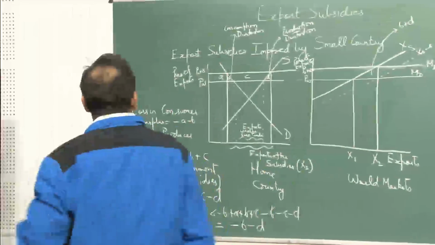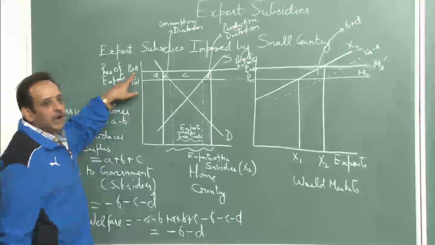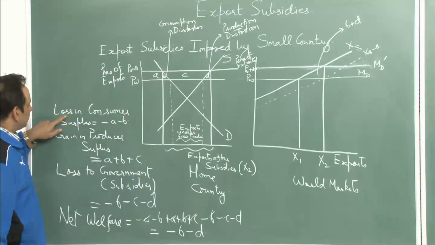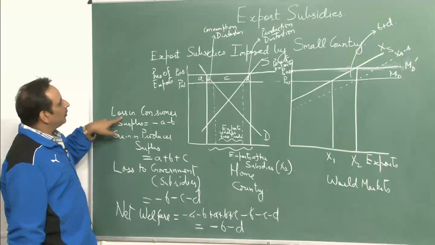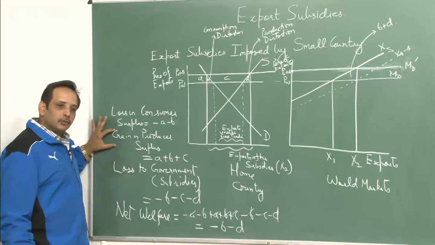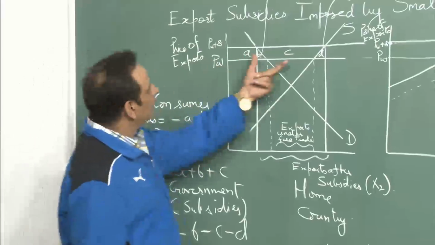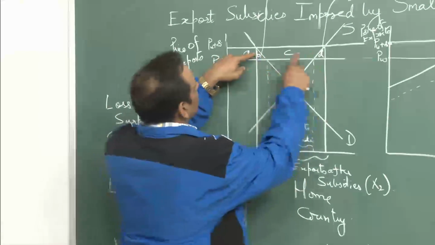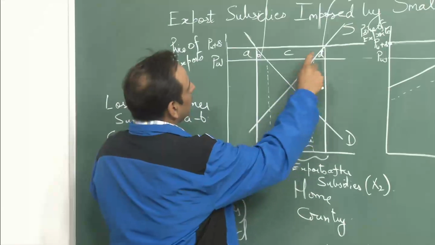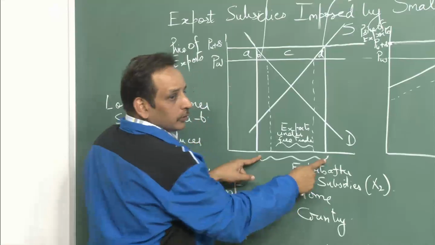Now, see what happens when the exporters start receiving PW plus S. There is a loss in consumer surplus of minus A minus B, the producers gain A plus B plus C, and there is a government subsidy of the form BCD, because these are the exports after subsidies. So, BCD is the subsidy times this much of exports.